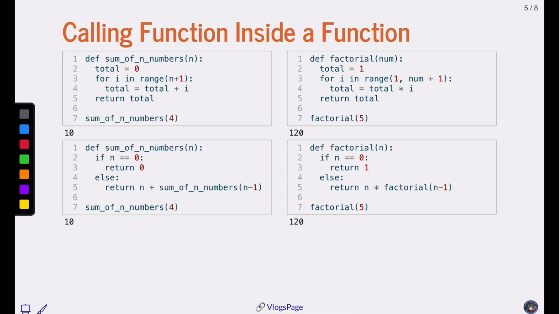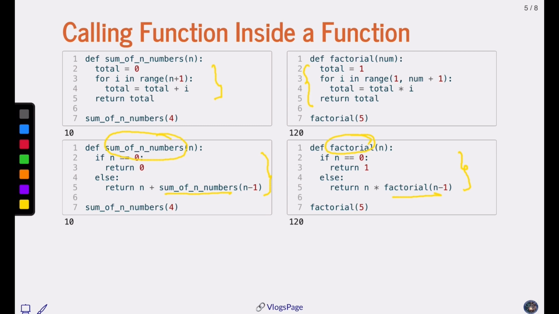In the first part, we are discussing a longer version of both examples, and in the second part, we are calling the function inside the original function, and then we will see the beauty of calling a function inside a function.